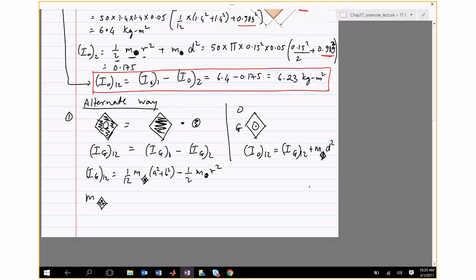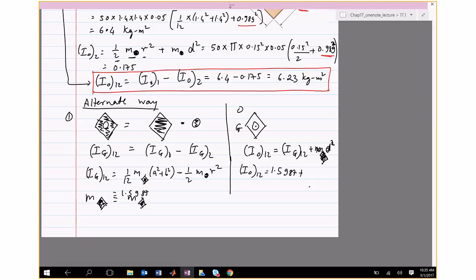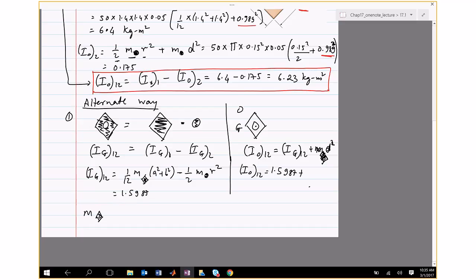So that is simply the mass of the square plate without any hole in it minus the mass of the hole.